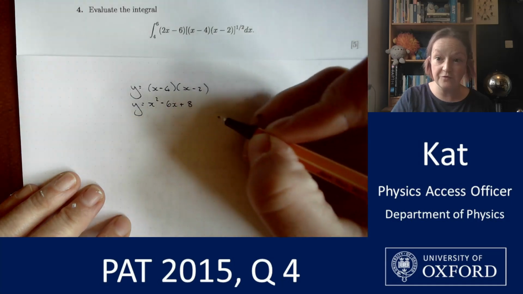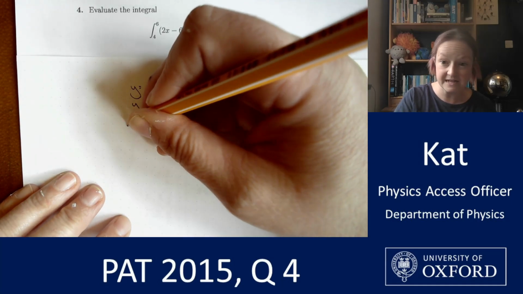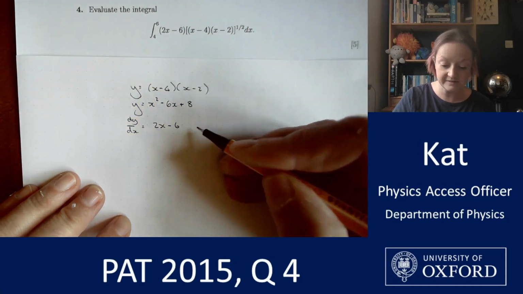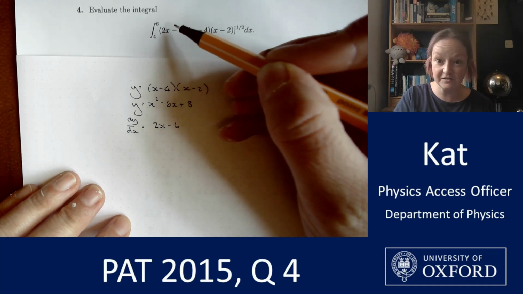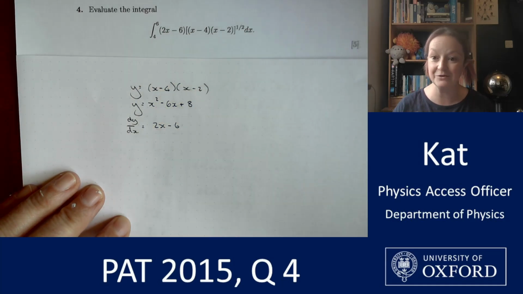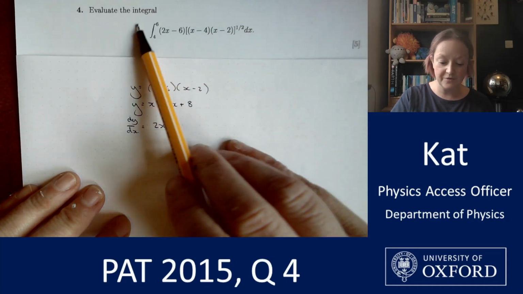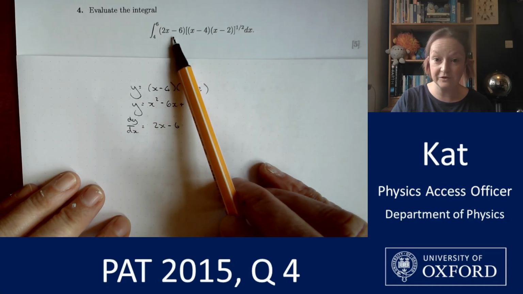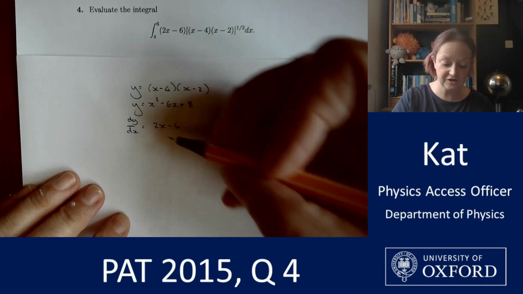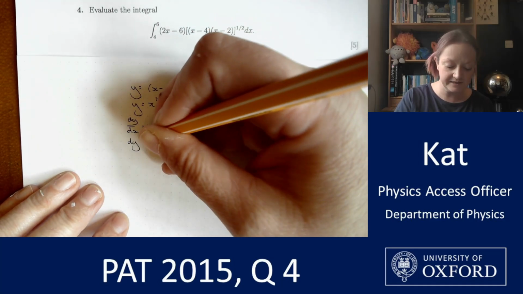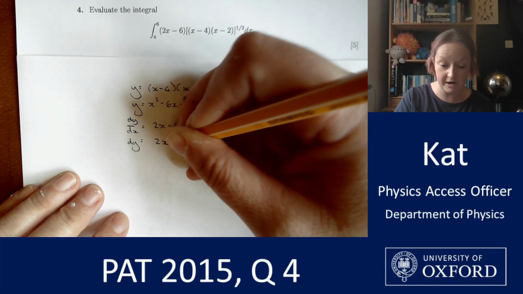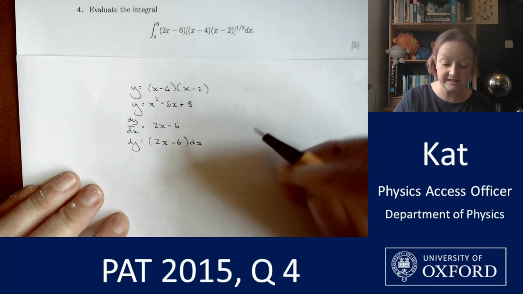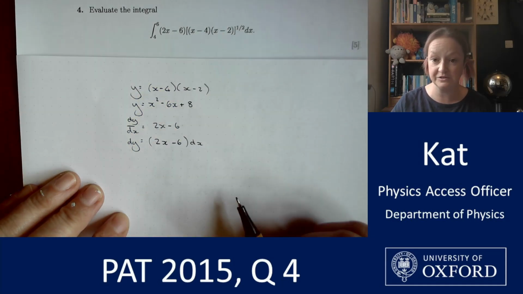The derivative of this function, dy by dx, is 2x minus 6, which is this first bracket out of 3 in the original expression. So this original integral is a function with its derivative close by, allowing me to use change of variable. And just to make that nice and neat, I'll rearrange it to dy is (2x minus 6) dx, so that we can see exactly what I'm going to substitute in when I do this.